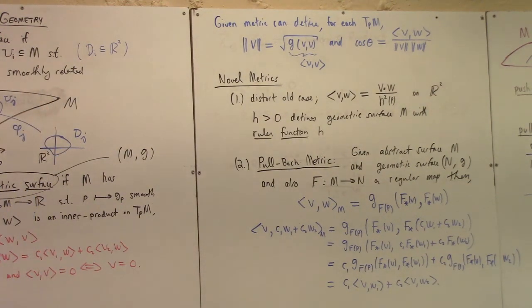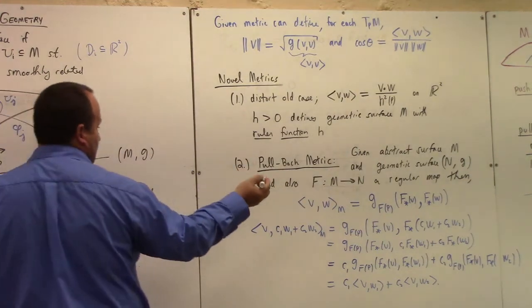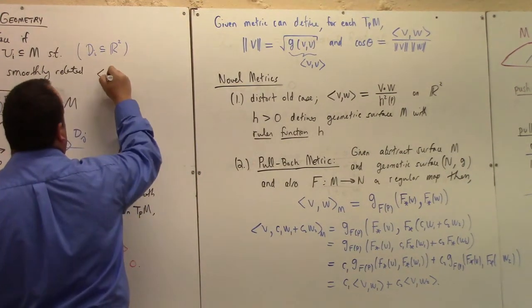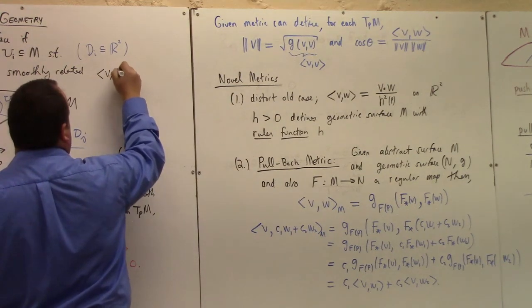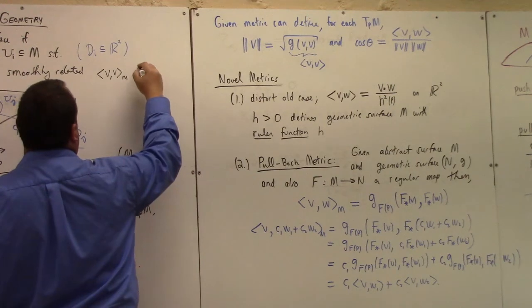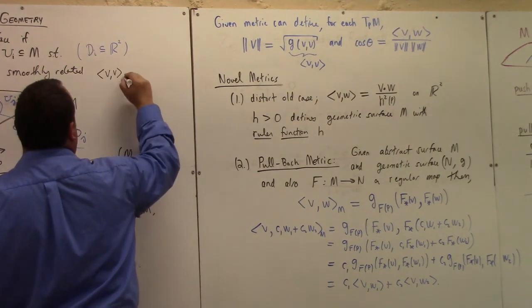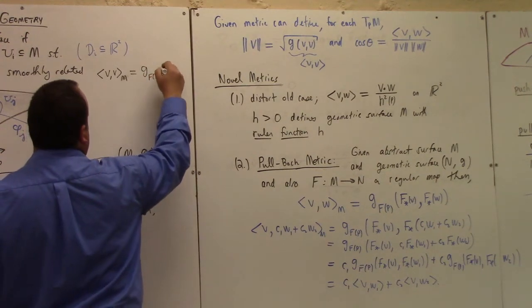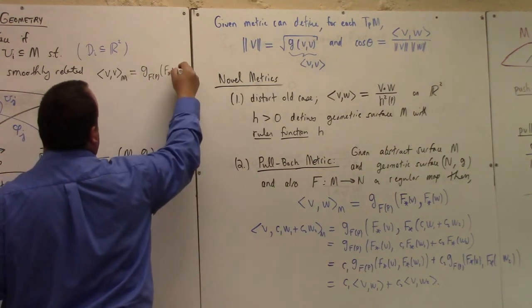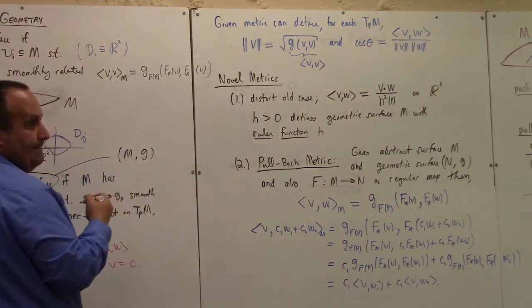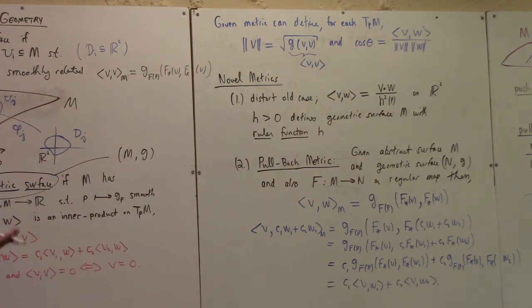Well, then tell me what 3 states specifically. So the question is, why can I say that if I have V, V on M, why does this satisfy 3? So that's equal to G of F of P, F star V, F star V. So what do we know?